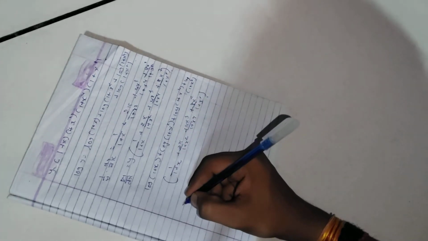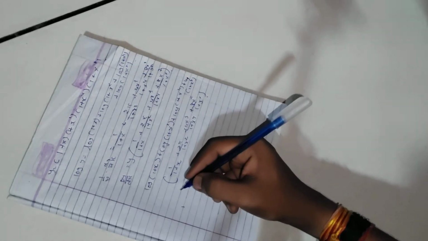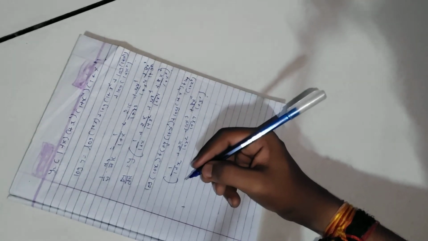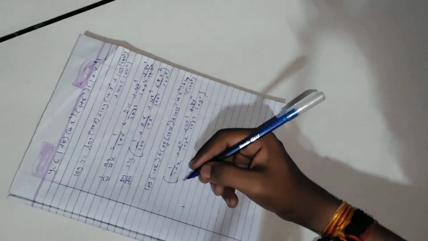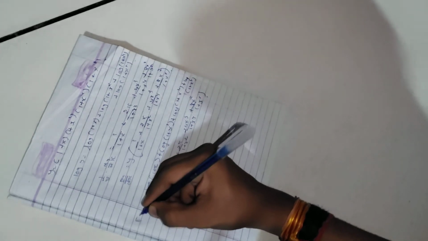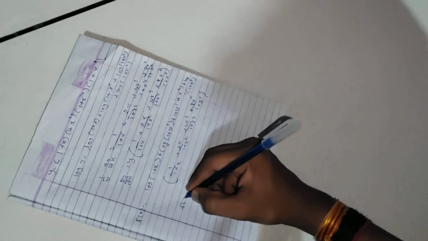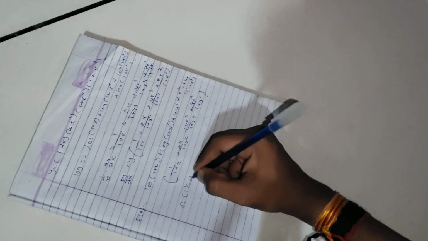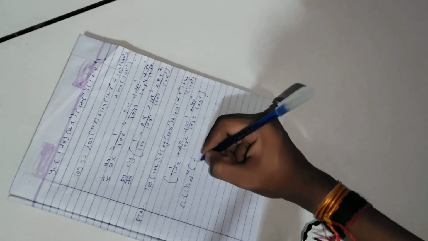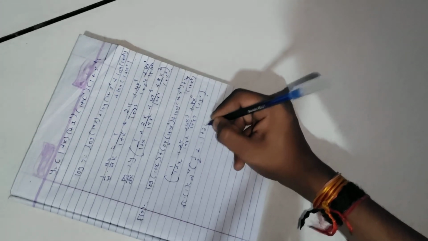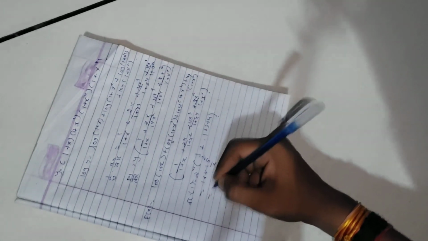So we have to find f of x, and then find the value of f of 1, which is 2 raised to 4 into 1 plus 2 plus 4, is equal to 16 into 10 by 2, is equal to 120.